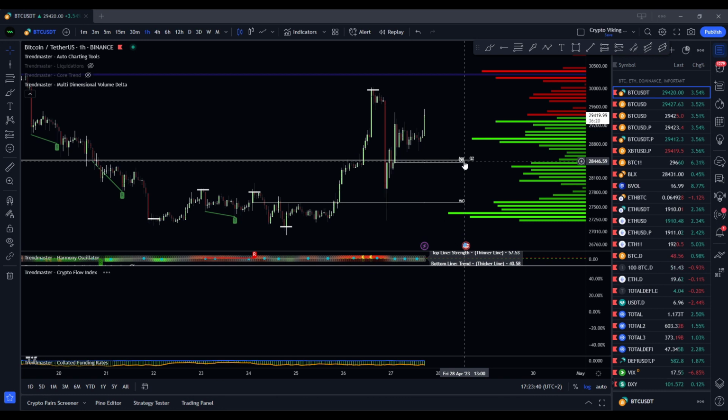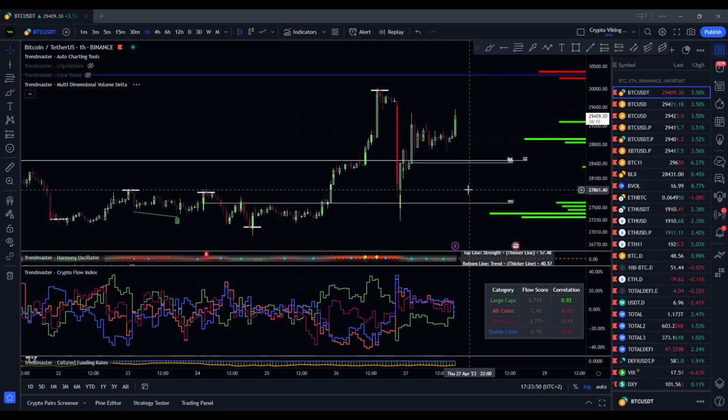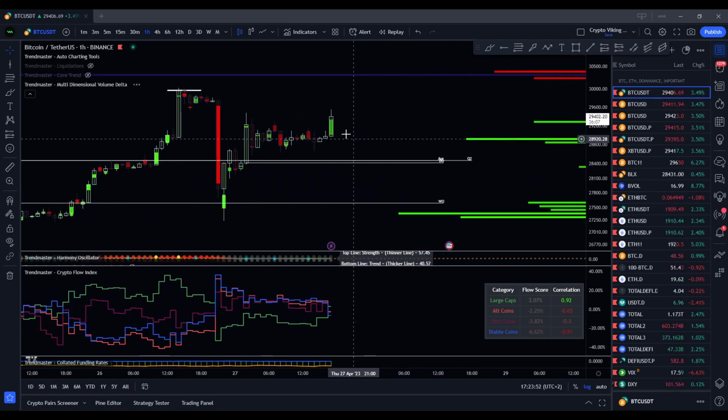Yeah, there's just so much data. Even here, you're seeing a flip of the stable stuff, so it needs to continue. Yeah, it's good. It needs to continue here. Otherwise, it'll just keep reversing.